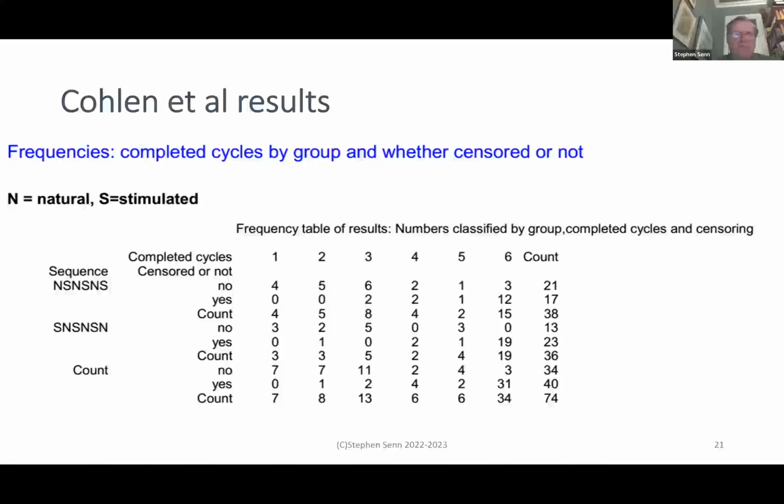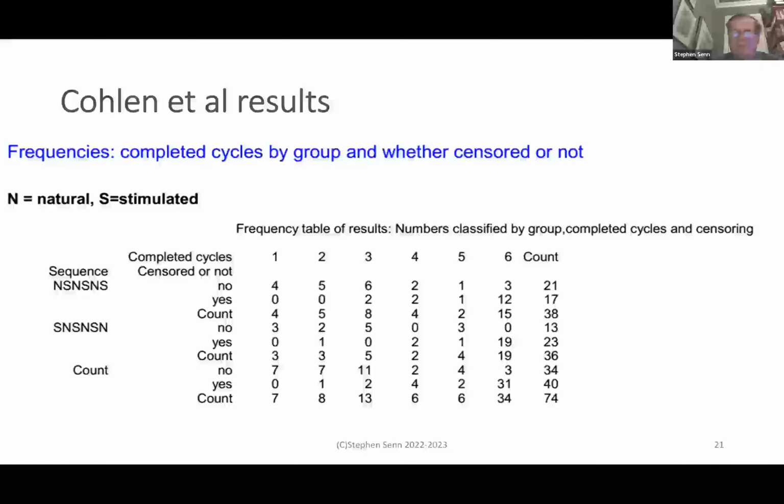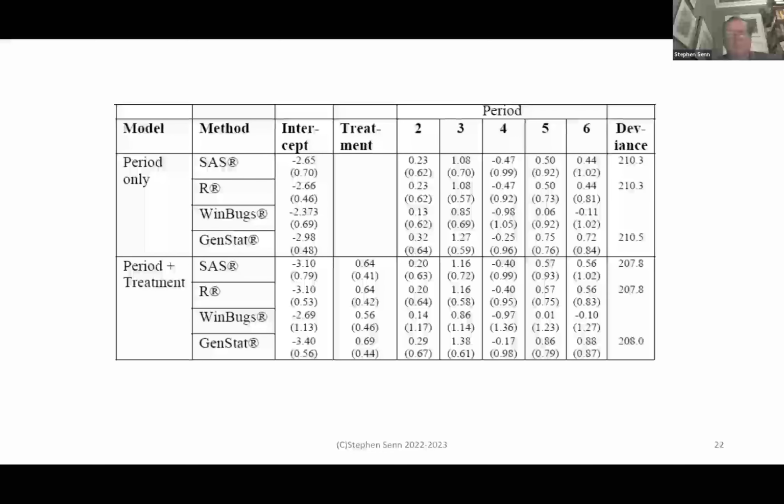Patients have been randomized to 2 sequences, but the sequences are essentially always of the form that you switch the treatment. You're given N and then S, or S and then N, etc. So it's not the same sort of design that we used before. In my opinion, this is perhaps a weakness of this particular approach. I'm not quite sure why they didn't randomize pairs of cycles, but anyway, they didn't.